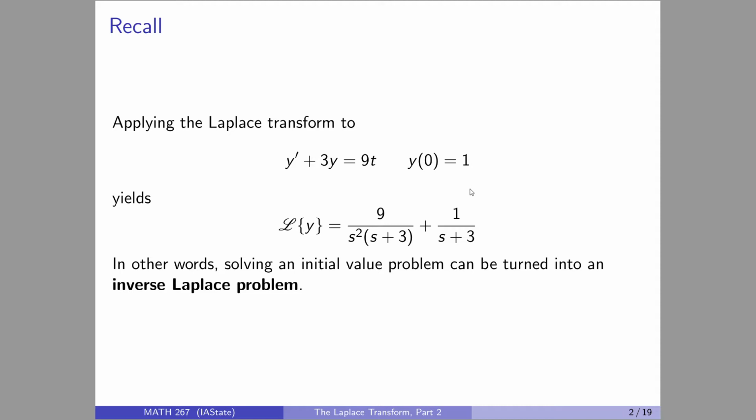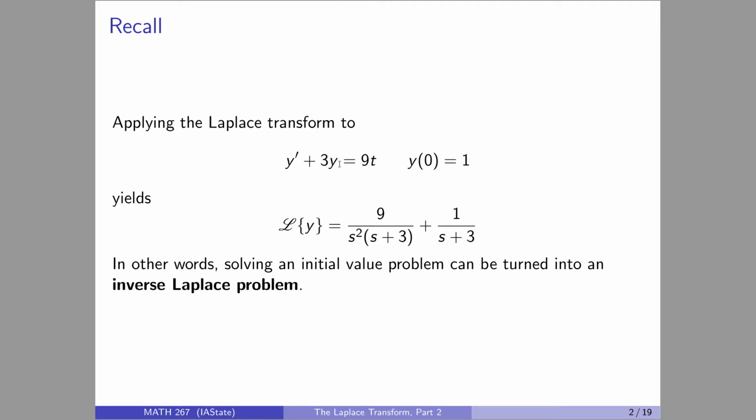So solving initial value problems turns into find me the function y whose Laplace transform is this right here, 9 over s squared times s plus 3, plus 1 over s plus 3.